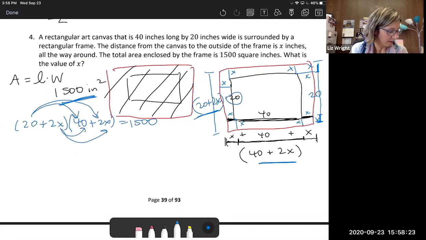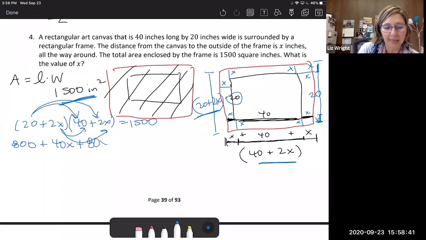So in our foiling, we're going to do 20 times 40, and that should give us 800. And then 20 times 2x should give us 40x, plus 80x, plus 4x squared.